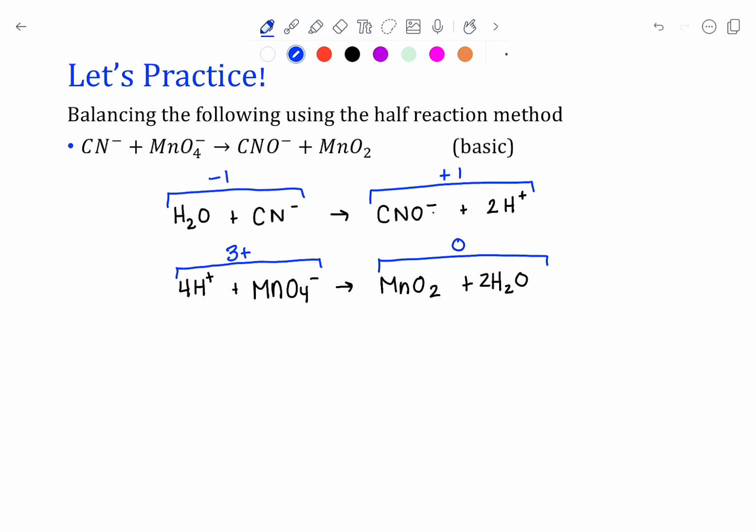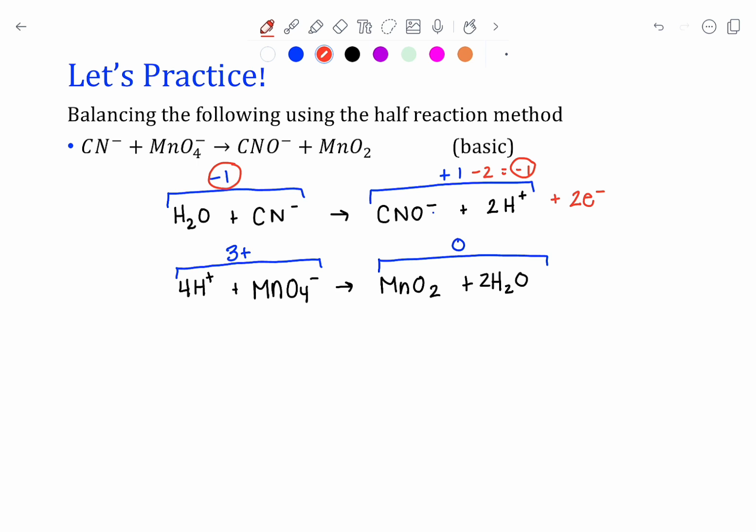So if we want to add electrons, we always want to add them to our more positive side. So in our first reaction, that is going to be on our product side. So we're going to add 2 electrons in order to subtract off 2 and get a -1. So we have -1 and -1. So our charges are balanced there.